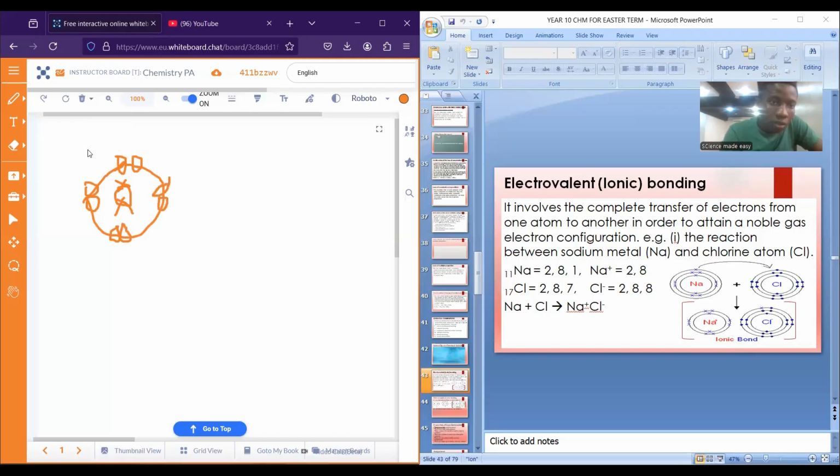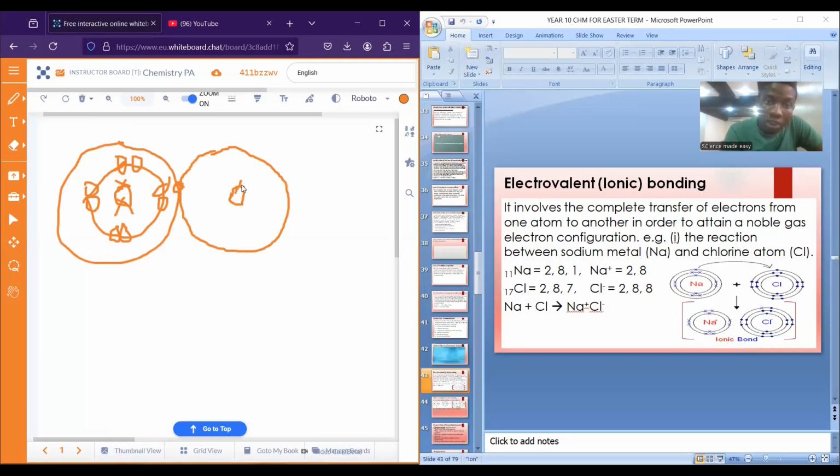This is 2, 8, and it contains 1 in the outer shell. That one electron is called the valence electron. So sodium is attaching to chlorine. That means it is dashing chlorine the electron.